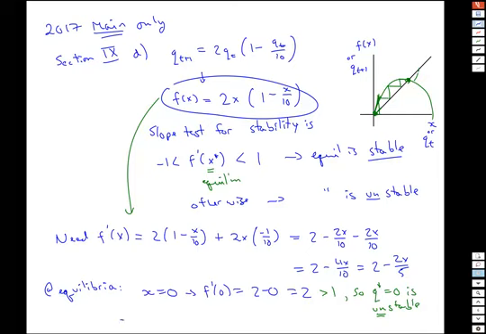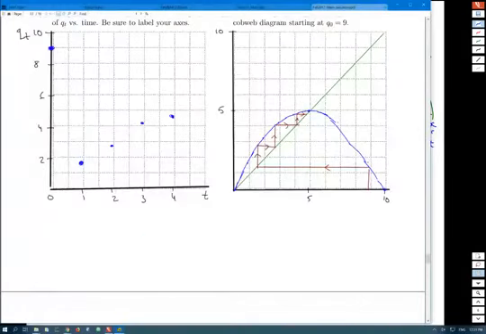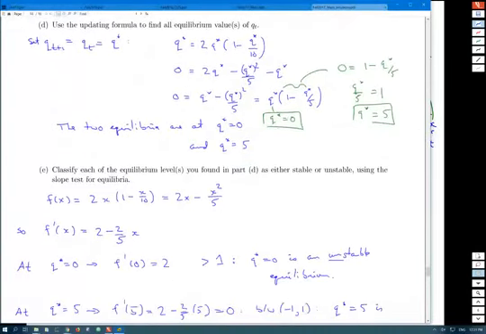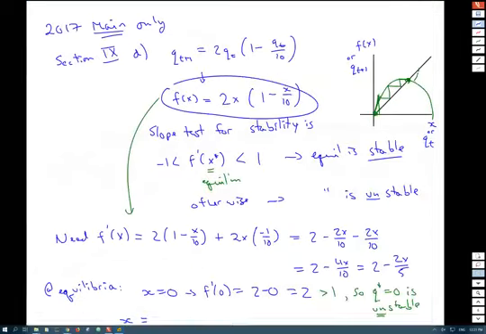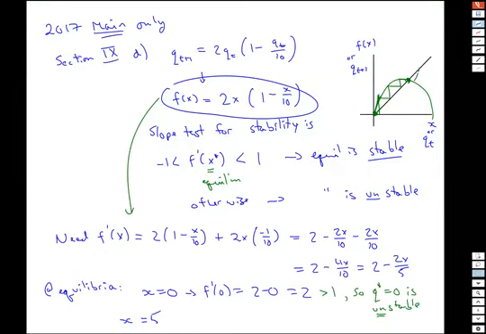And not too surprisingly, when we use our other value, the earlier equilibrium, I'm just going to tab back to the solution so I can grab that without actually calculating it. 5. At x equals 5, or q star equals 5, we're going to get f prime of 5, which is 2 minus 2 times 5 over 5.